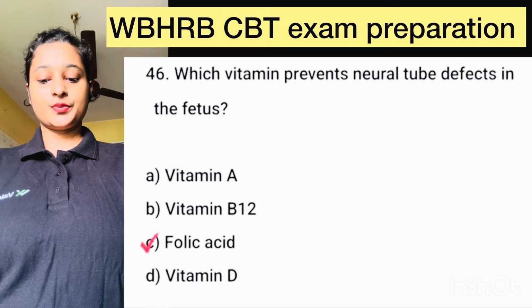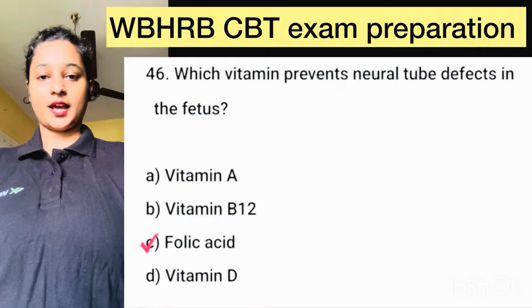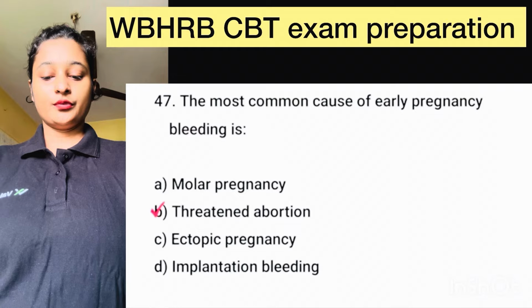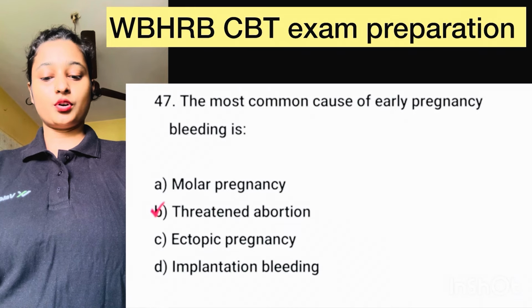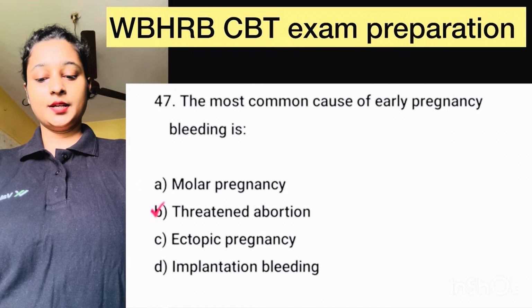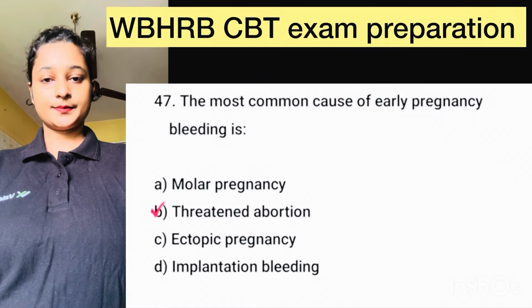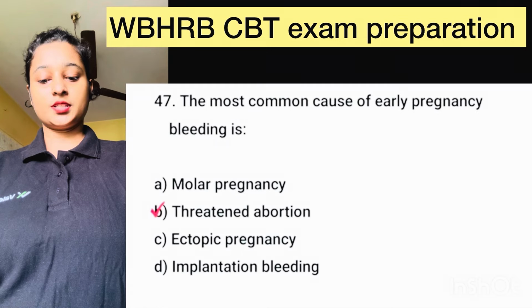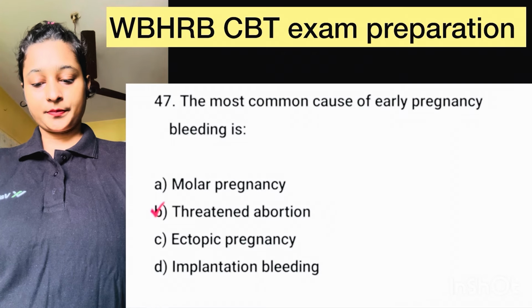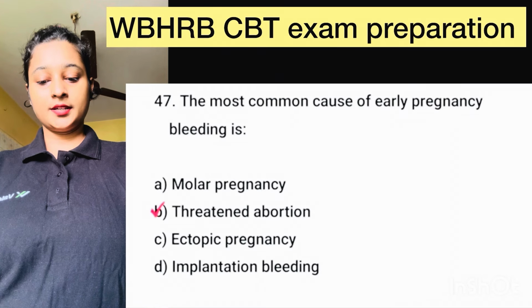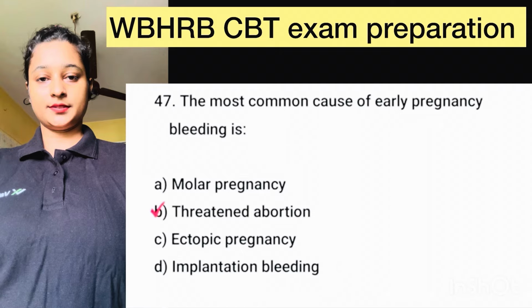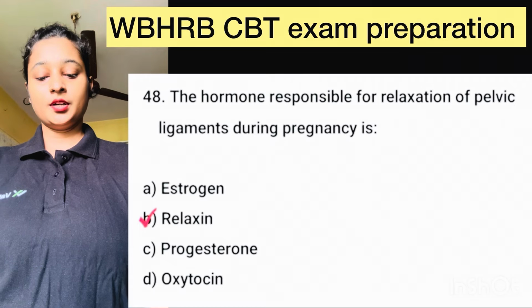Here correct option is option C, folic acid. Question number 47. The most common cause of early pregnancy bleeding is. Here correct option is option B, threatened abortion.